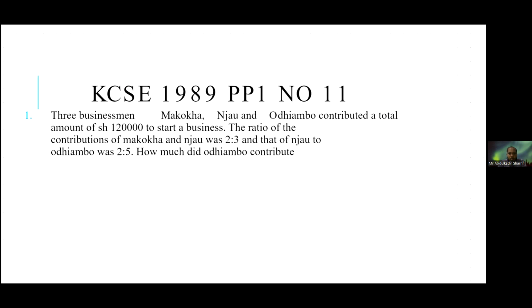So mwanzo tunajua kuna watu watatu, kuna Makoha, kuna Jao, kuna Odhiambo, inaandika in abbreviation. So Makoha ratio to Njau ni 2:3, na Njau to Odhiambo ratio yake ni 2:5.